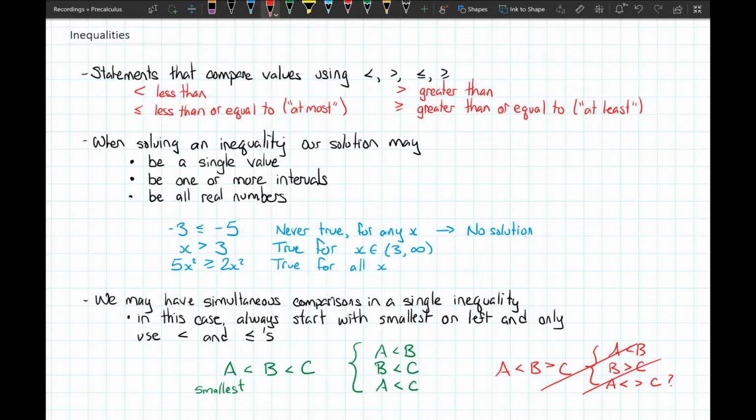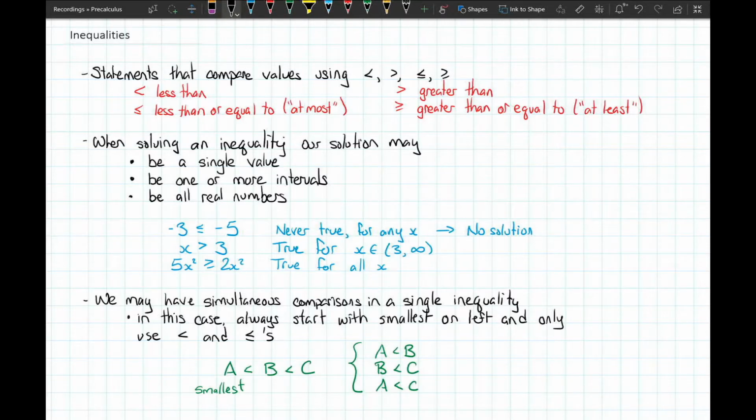It's always best to have all of our inequalities point to the left, where that's the smallest number, and open up to the right, where that's the largest number. I've heard that some people like to call the less than sign a Pac-Man, which is always eating the larger thing on the right. That's just another way to think about it.